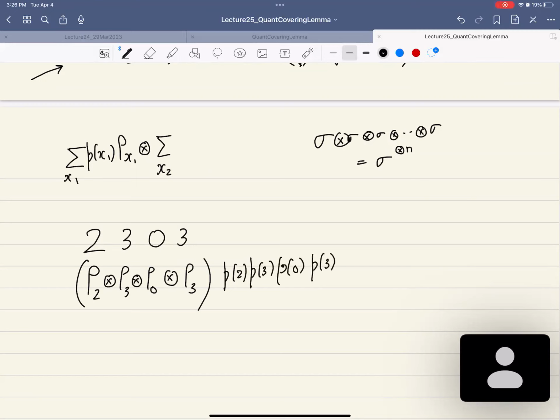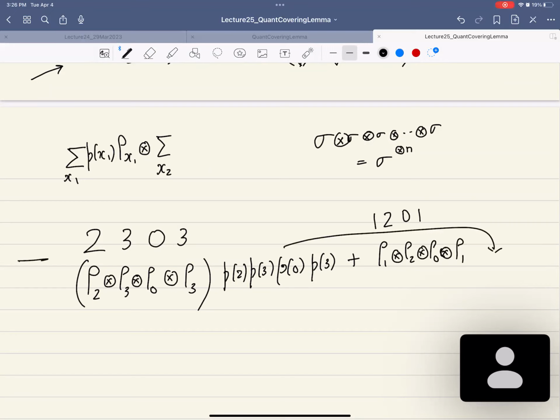Yeah. Now she could get a different combination, 1, 2, 0, 1. Then it will be rho 1, tensor rho 2, tensor rho 0, tensor rho 1, with the corresponding probabilities, right? Yeah.